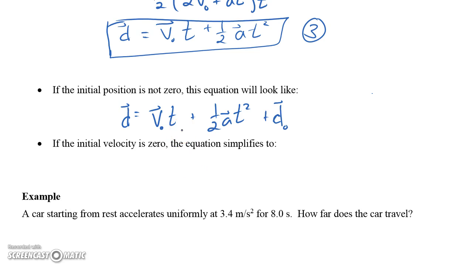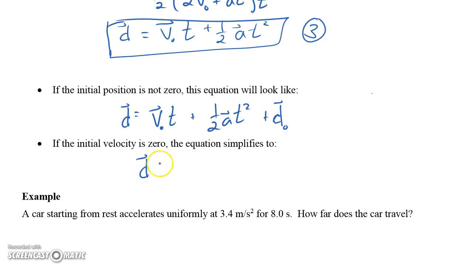Now, what happens more often is that we have an initial velocity of 0. So if you remember grade 10, dropping something had an initial velocity of 0. That one we're going to come to a lot when we do gravity in the next video. So if the initial velocity is 0 in our original number 3 equation, that means v naught is 0. v naught 0 times time is just going to be 0.